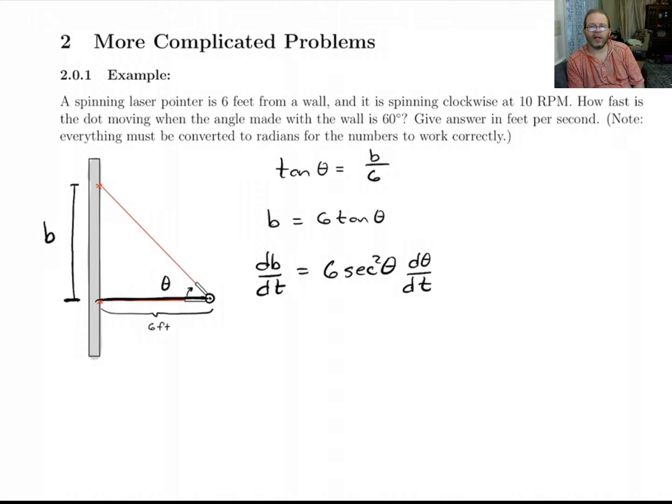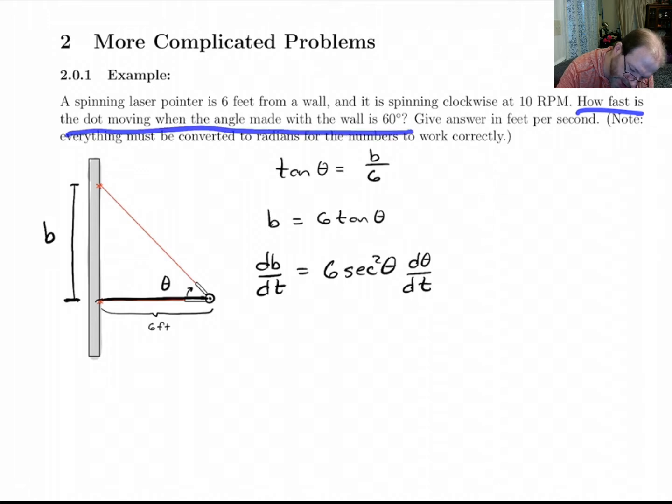But on this one, we've got to work out what the rates are that we're given and that we're asked for. Notice they ask, how fast is the dot moving when the angle is 60 degrees?